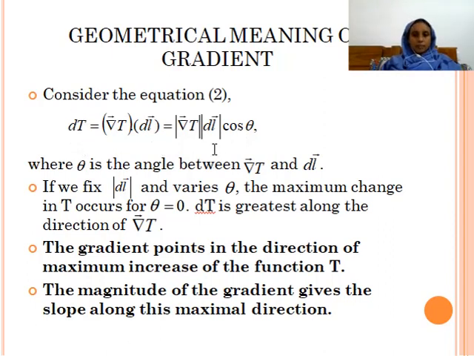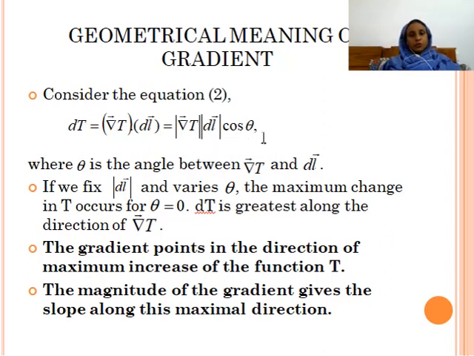That means we fix this dl, the distance is fixed now, and we want to change theta. What is theta? Theta is the angle between the infinitesimal displacement vector dl and the gradient of the temperature, gradient T. Now we vary this theta such that we get the maximum change in temperature.